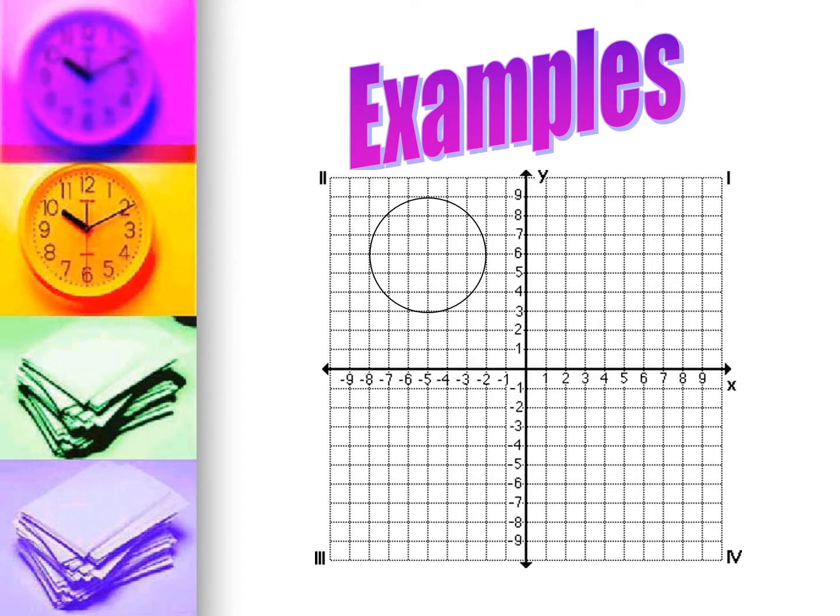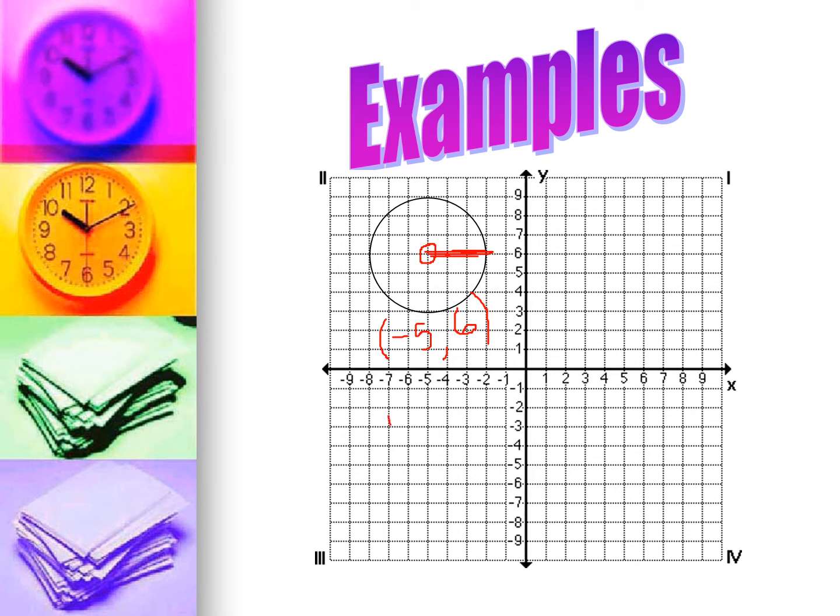The next part of the homework, they're going to give you a little graph, and then you just have to find the center and the radius to write the equation. The center is right here. Looks like it's at (-5, 6). And then the radius is just from here out.